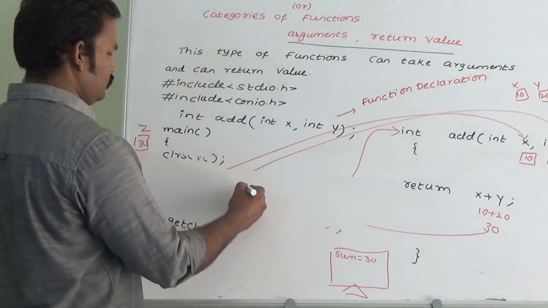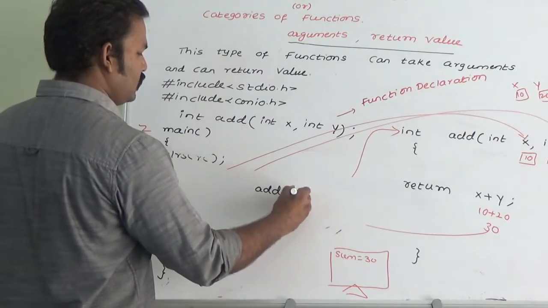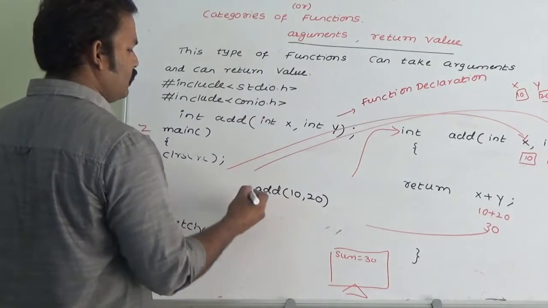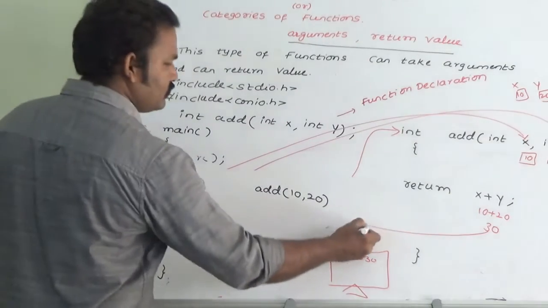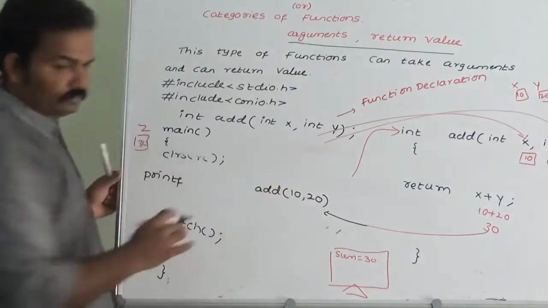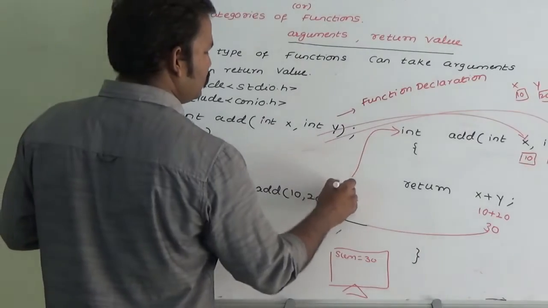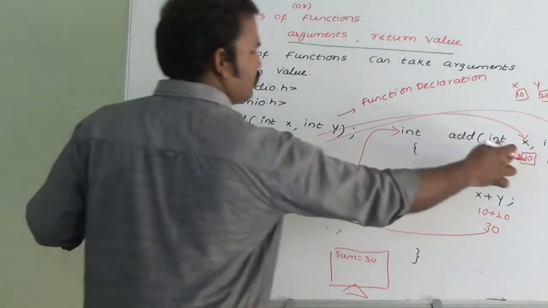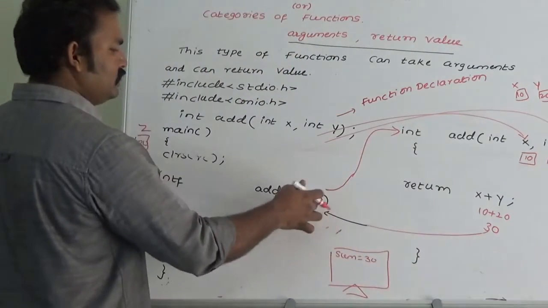So calling function add 10 comma 20. I am writing the calling function in the printf function. So what happens here? The x value is 10, the y value is 20, 10 plus 20 is 30, and 30 is returned to the main program.